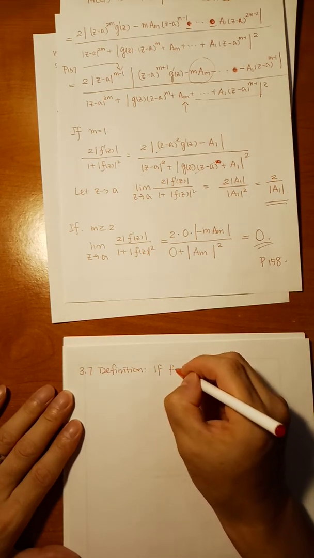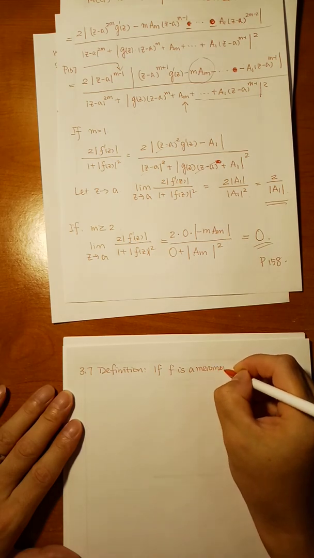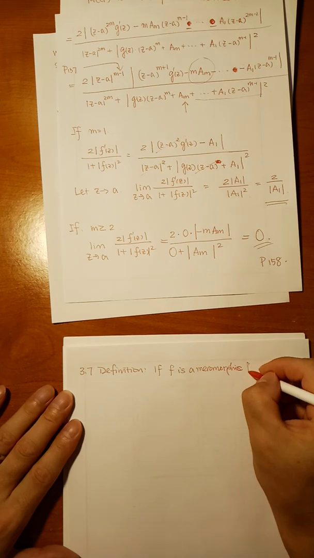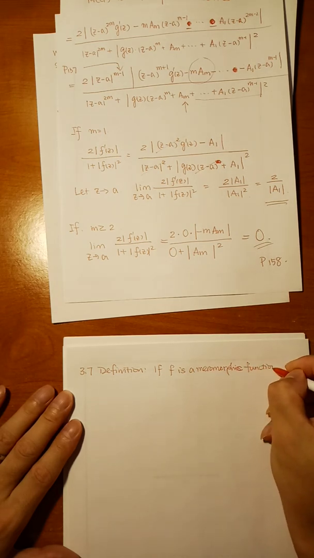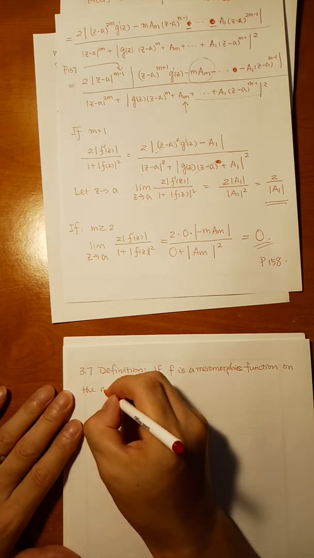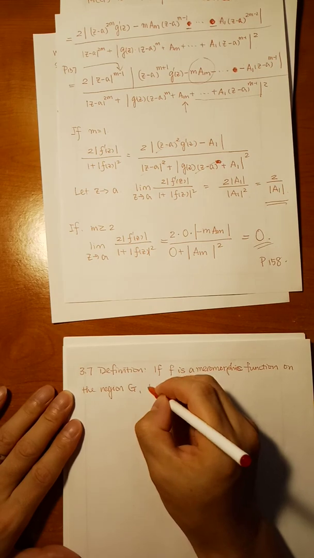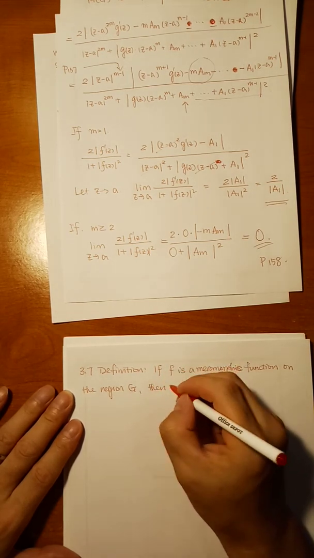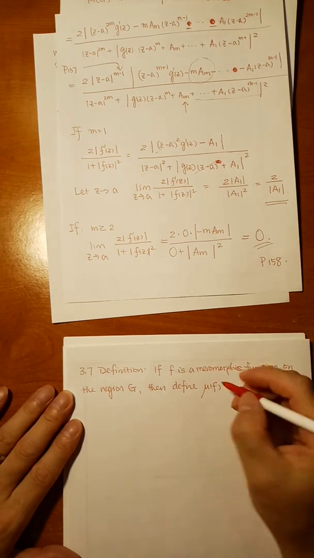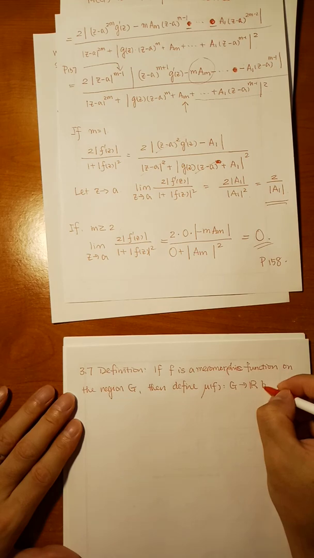If f is a meromorphic function on the region G, then define mu f from G to R by the following.